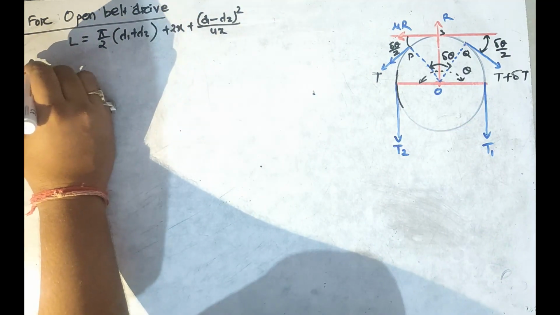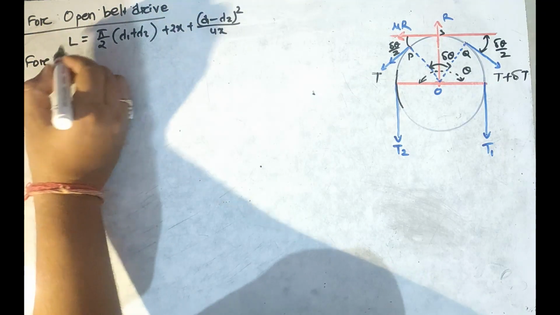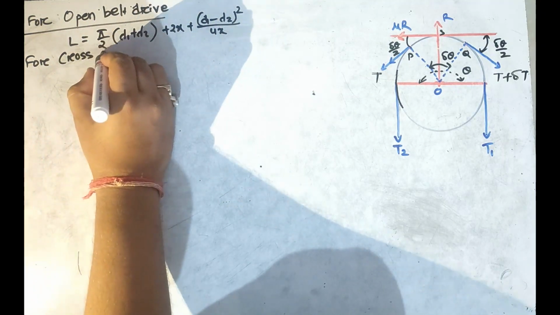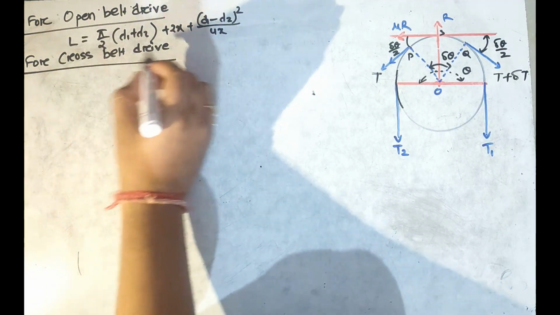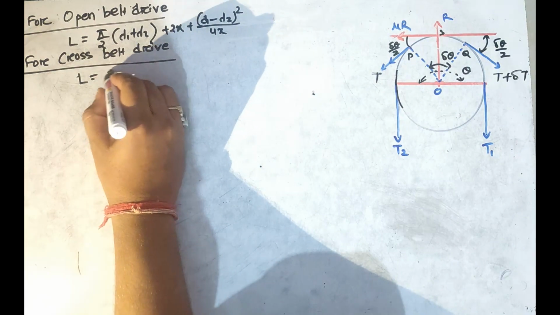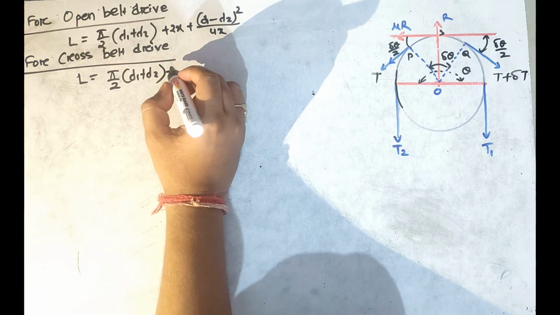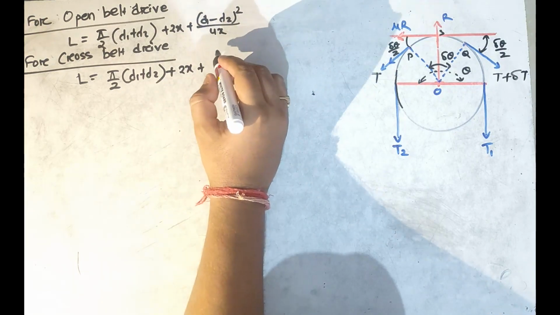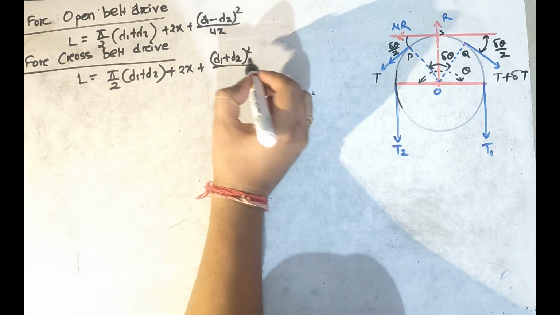Similarly, if we are deriving the length for the cross belt drive, then L will be equal to the same pi by 2 multiplied by (d1 plus d2), plus 2x, plus (d1 plus d2) whole square divided by 4x.